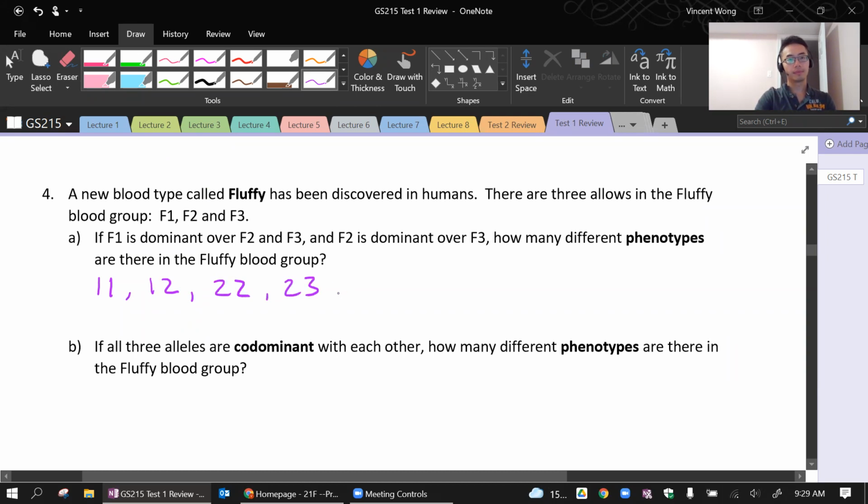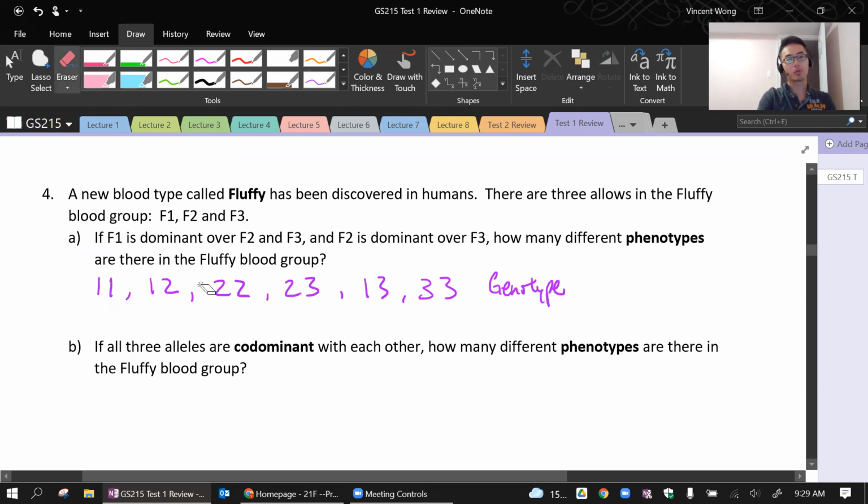And then we'd have just F3, F2, F3, F1. F1, F3. And then F3, F2, and F3. We have F2, F3 already. And then 1, 1, 3, 3, right? And 3, 3, yes. Okay, good. Now, so these are all the possible genotypes.